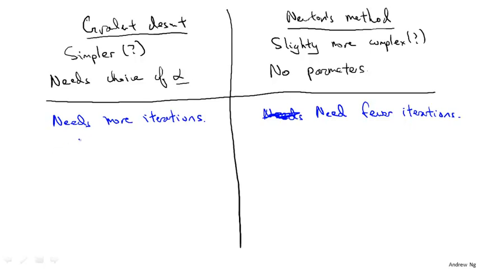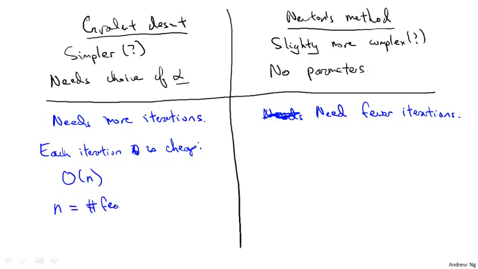However, even though gradient descent needs more iterations to converge, it turns out each iteration is cheap. Each iteration costs O of n, where n is the number of features. Okay? It's actually O of m times n, where m is the training set size, but I'm going to ignore m now and just focus on the effect of the number of features.